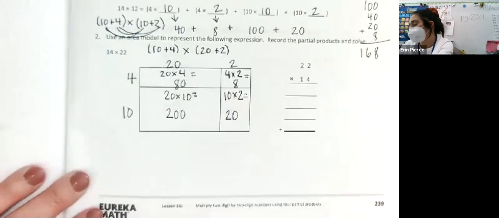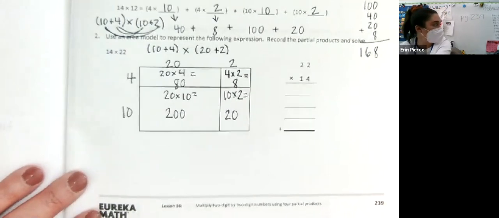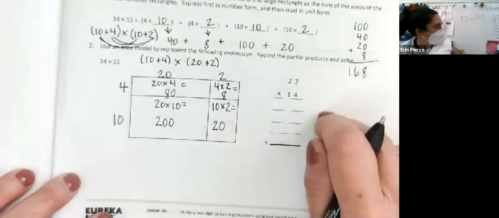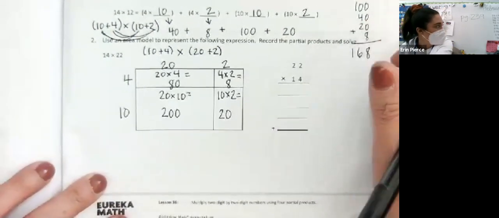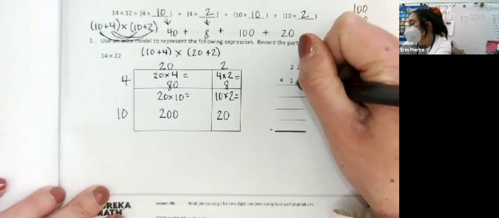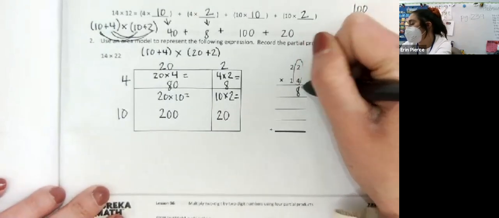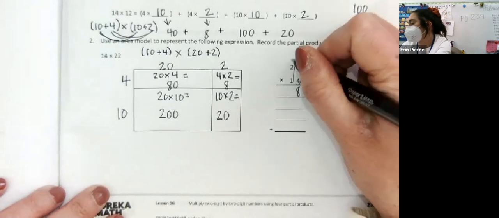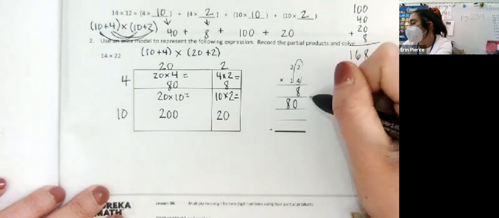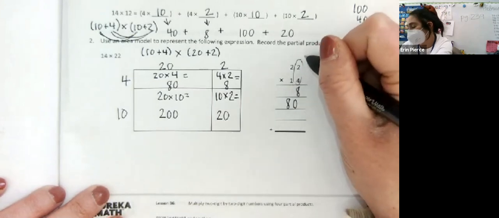All right. Now what we have to do is record partial products. So for some reason you can't see all my little lines. All right. 4 times 2, 8. Then I do 4 times 20, 80. Then I do 10 times 2.